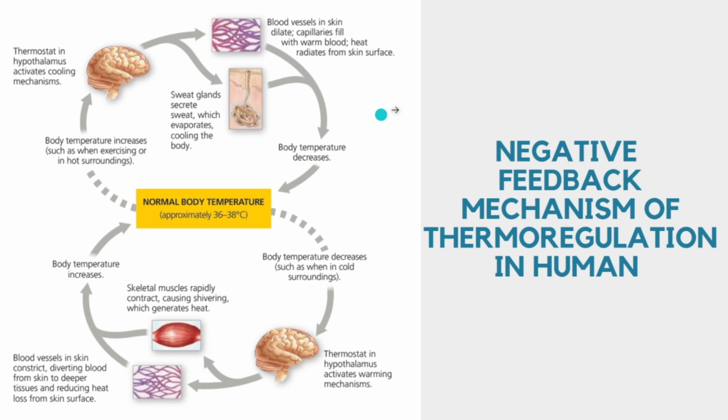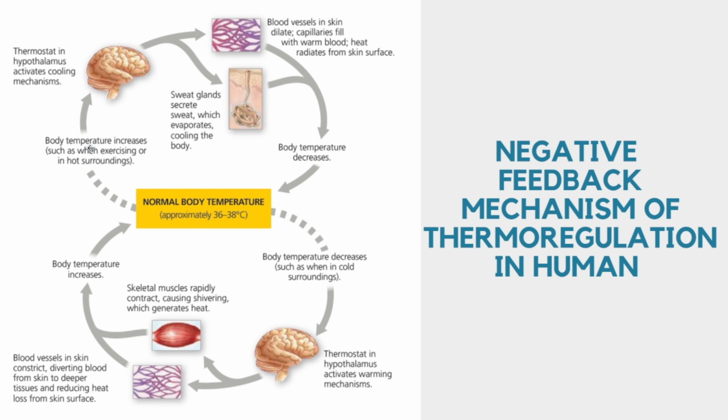So in homeostasis, normally we have two situations. In thermoregulation, you have a hot environment and a normal environment. When you are in a very hot environment, meaning your environmental temperature is very high, your body temperature starts to increase. Not only in a hot environment, but when you are doing exercise as well, your body temperature increases. So in the basic mechanism of homeostasis, this is the stimulus: your body temperature has changed.